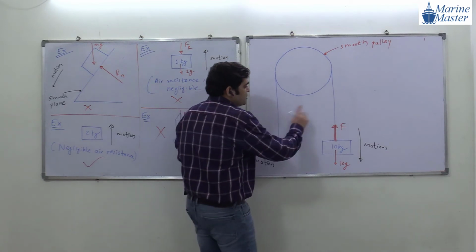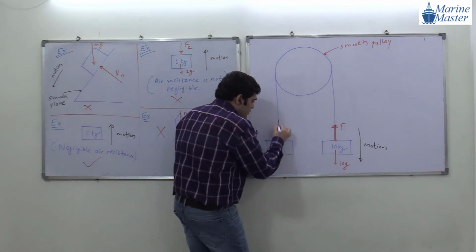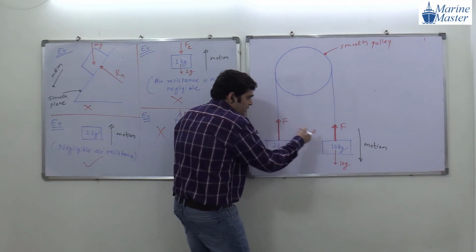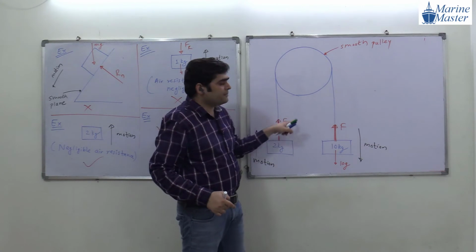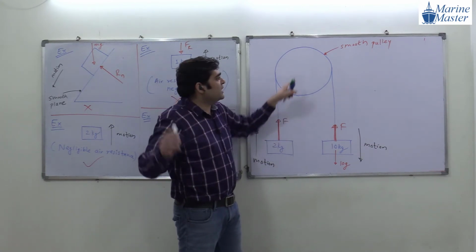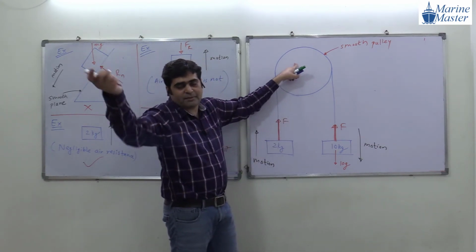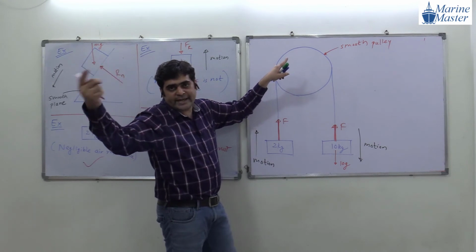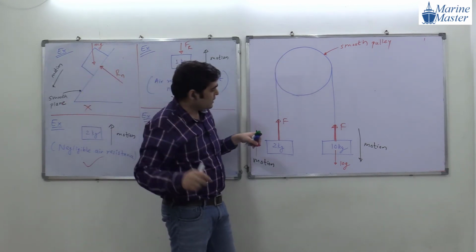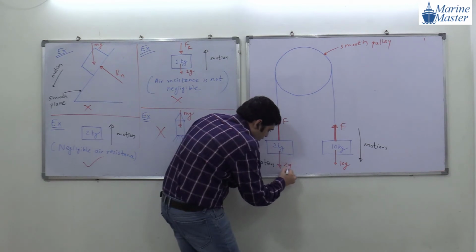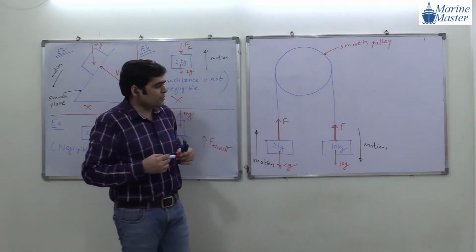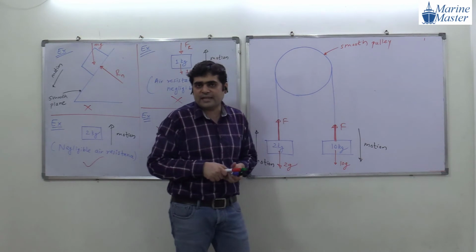As the rope is over a smooth pulley, the tension on this side is the same. If it is not smooth, the tension will be different, and then it will come into rotational motion questions, the next chapter after this one. Here the weight is 2g. So on the 10 kg mass, how many forces are acting?